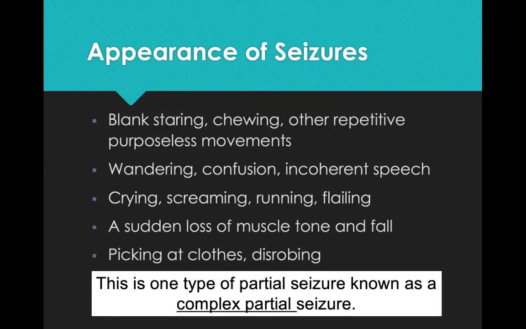They might be wandering, have a lot of confusion. They might be trying to speak, but you're not able to understand what they're saying. They could be crying, screaming, running, flailing their bodies around, right? A sudden loss of muscle tone and then just a fall. So instead of complete contraction, they just lose their muscle tone and collapse down onto the ground.